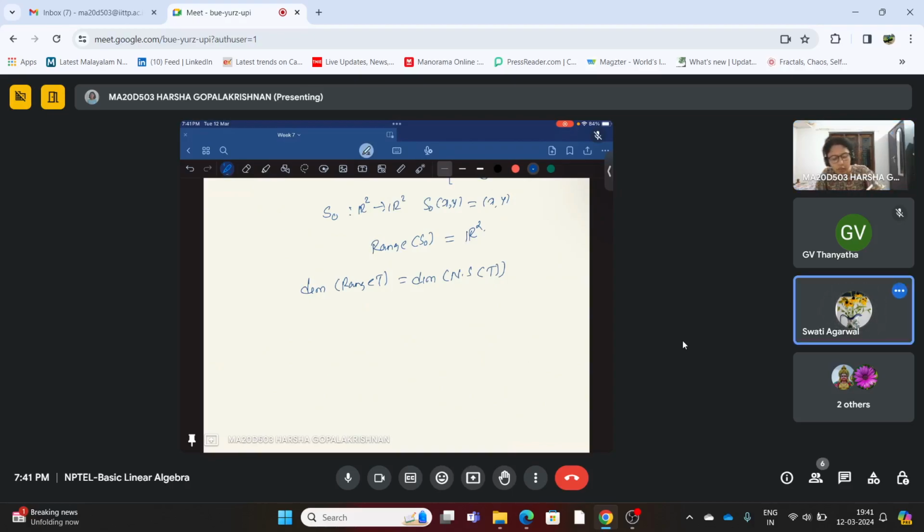For example, R2 is the span of (1,0) and (0,1). Now, if I take S1 equal to the span of (1,0), is this a subspace? I'm taking all linear combinations of (1,0).